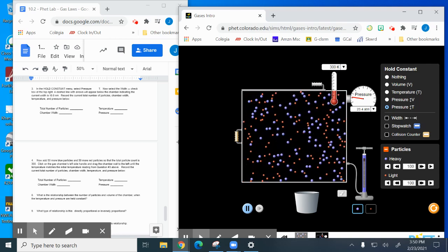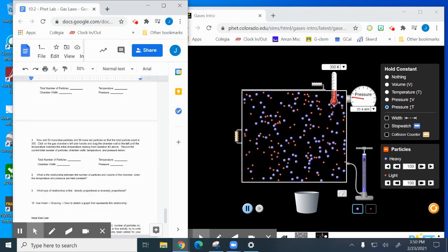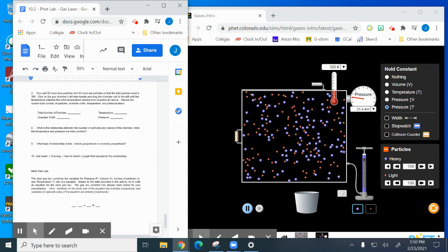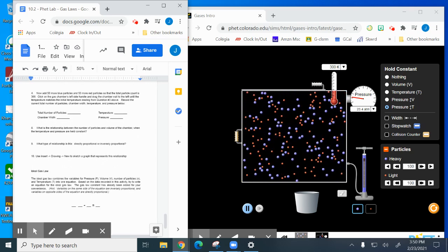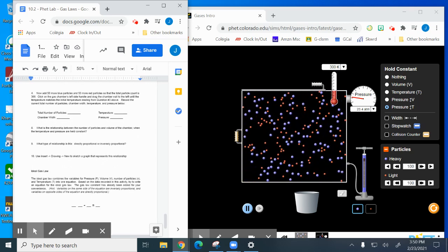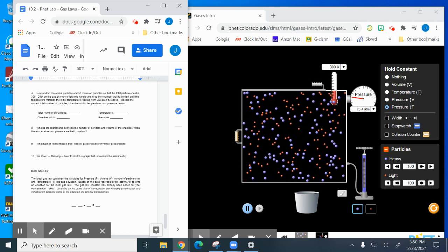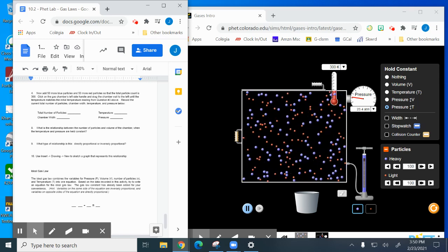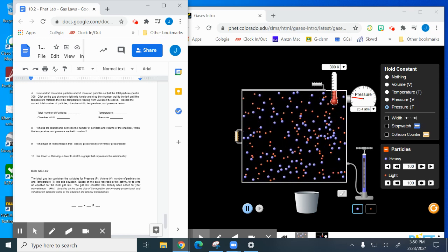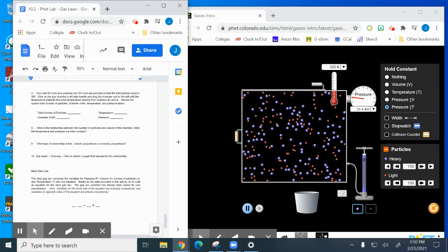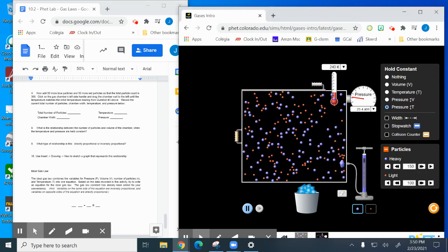So now you're going to record all your numbers. And then what are we going to do? We're going to add 50 more blue particles and 50 more red particles. And then we're going to drag the chamber wall to the left until the temperature matches the initial temperature. So we're going to add 50 more, and we're going to open it up until it goes back down to 300 Kelvin.